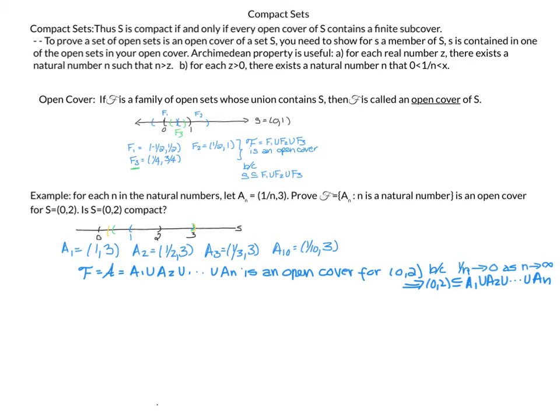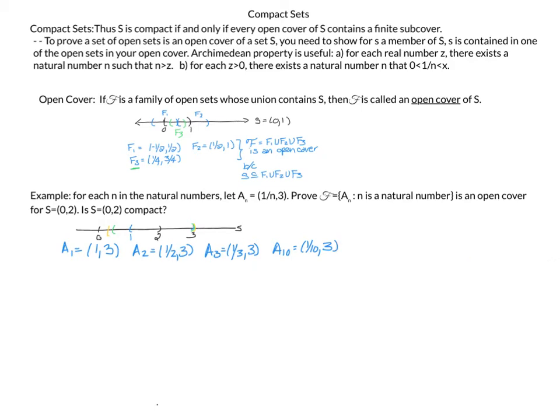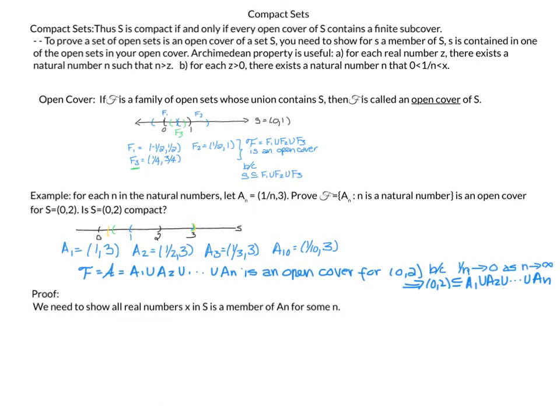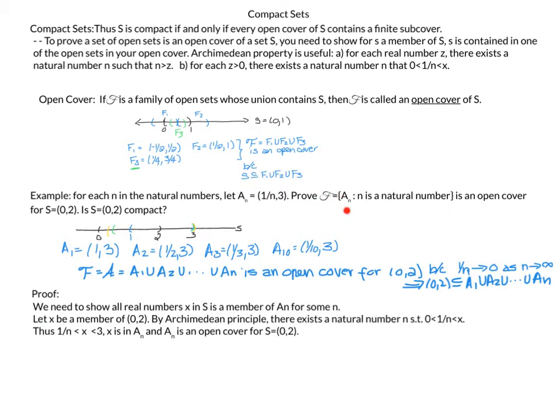And here I just have some quick notes about what the A_n look like, and that this family of open sets is an open cover because S is contained in the union of my open cover. To show that this is an open cover, we need to show that every x in S, so every x in the open interval (0, 2), is in one of the A_n.